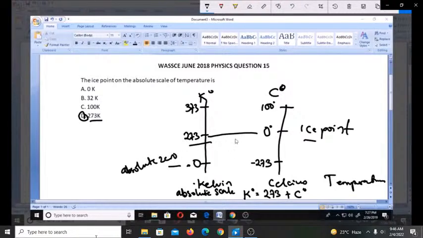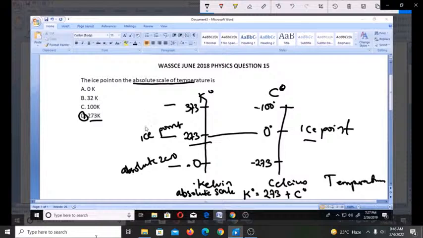Ice point is the temperature of ice, which is solid water. And in Kelvin, it is 273. So take note. And Kelvin is also the absolute scale of temperature. So vapor point or boiling point is this point.